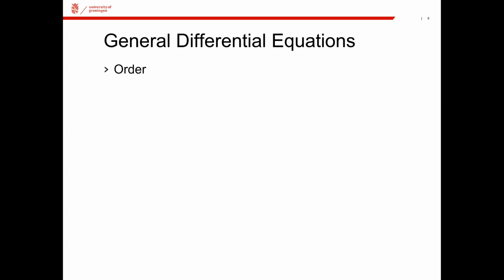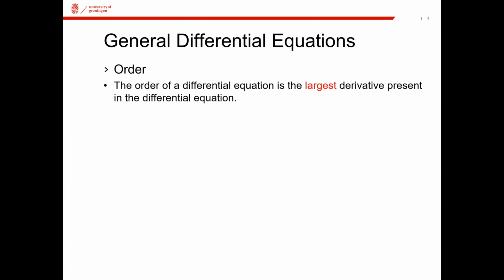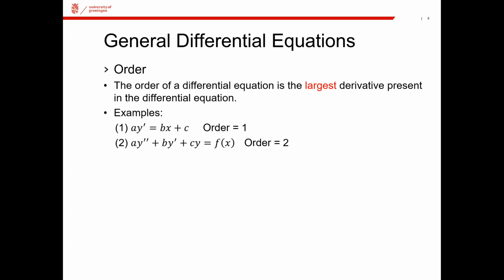Okay, then we have to know what the order of a differential equation is. The order of a differential equation is the largest derivative present in the differential equation. For example, the first equation, the order is 1 because the largest derivative here is y prime.